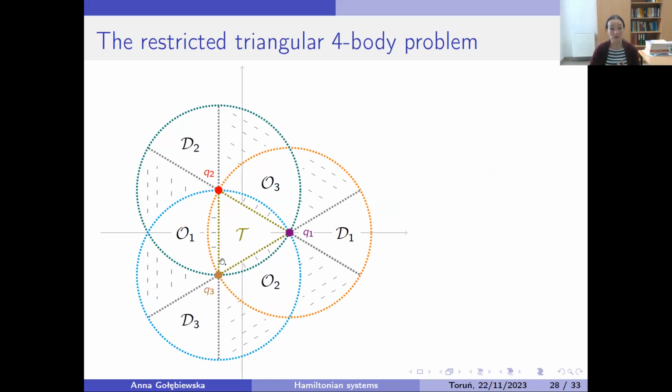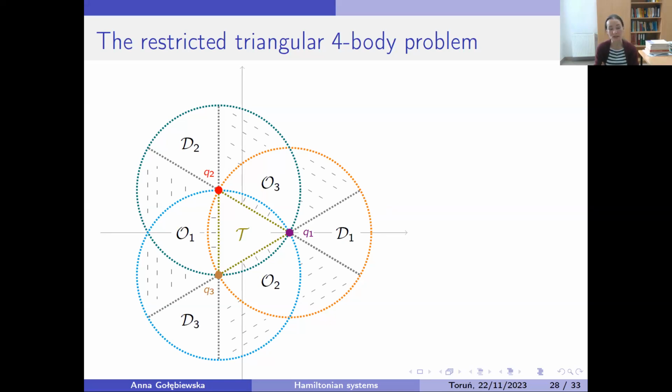And this is the illustration. The red, magenta, and yellow points are the positions of my masses, and I want to study the movement of a massless particle here.